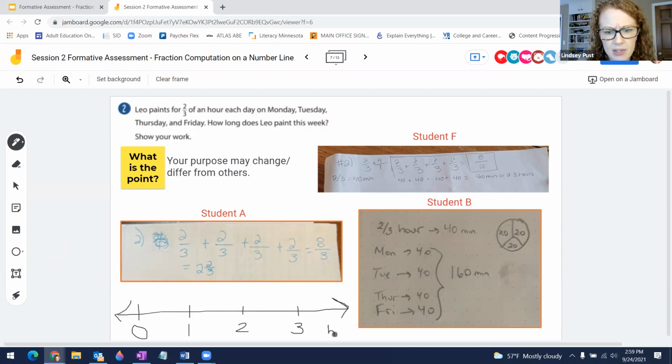These were the hours, and then partitioned it into thirds so that then students could use this number line to see 2/3 4 times and make those jumps like we did. I don't know if someone wants to jump in and do that, but making those jumps from 0 to 2/3, and then another one from 2/3 to 1 1/3, and another one from 1 1/3 to 2. So they're making these 4 jumps.